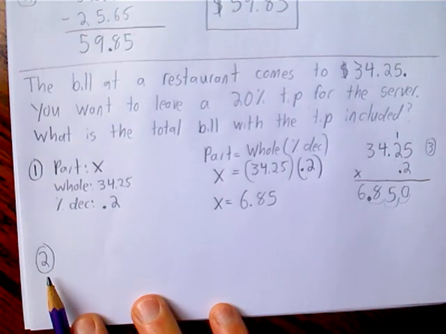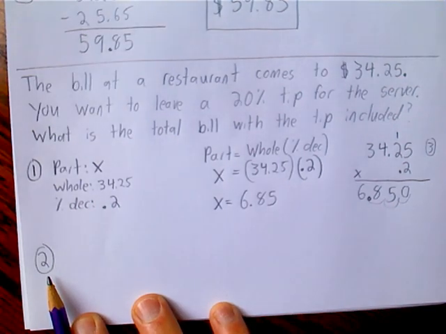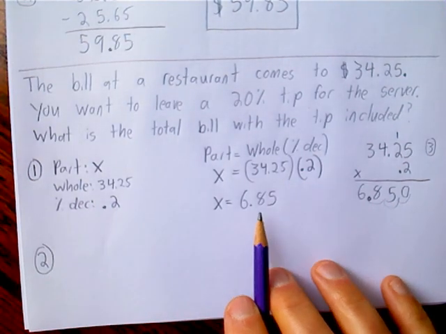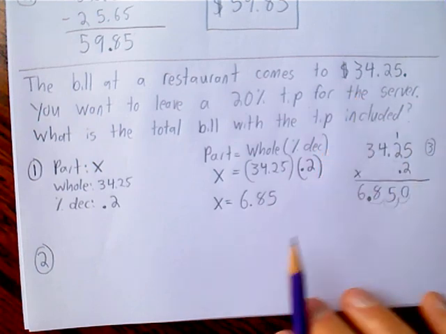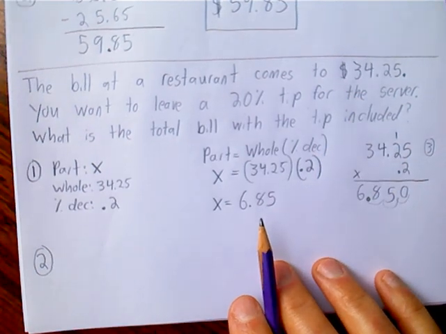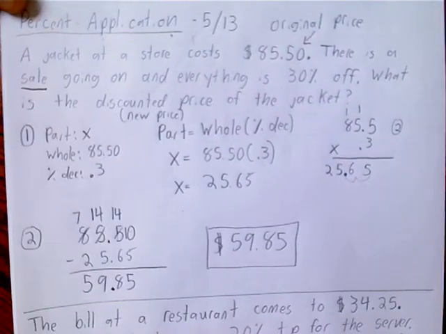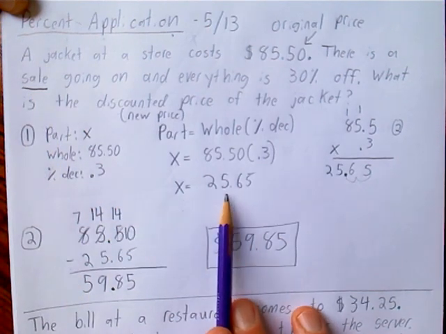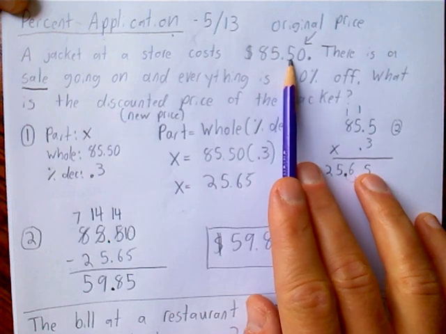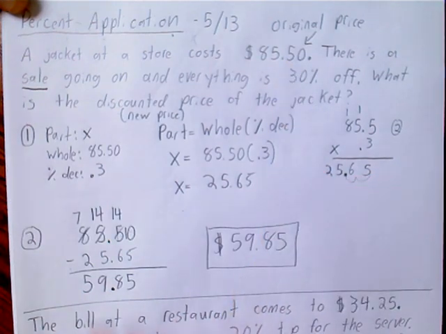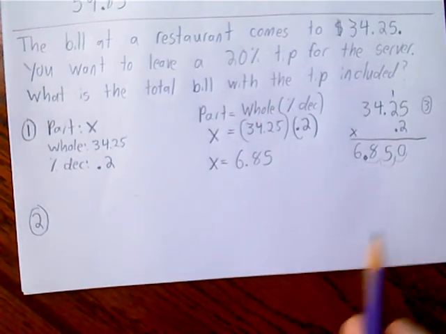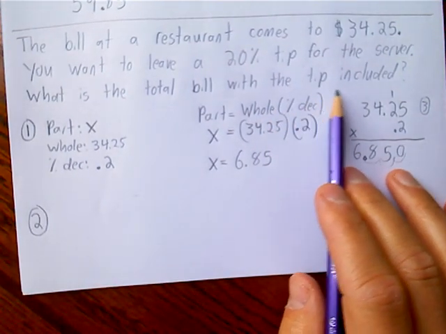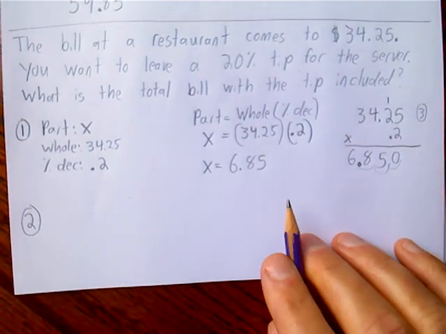Now, this second part, we have to really think, hey, am I going to add this number to the original price, or am I going to subtract? Back in the problem when we talked about our sale going on, our discounted price, we subtracted. We took this number away from the original price, and we got something smaller, so we subtracted. In this problem, we need to include the tip, so that tells me that I need to add.